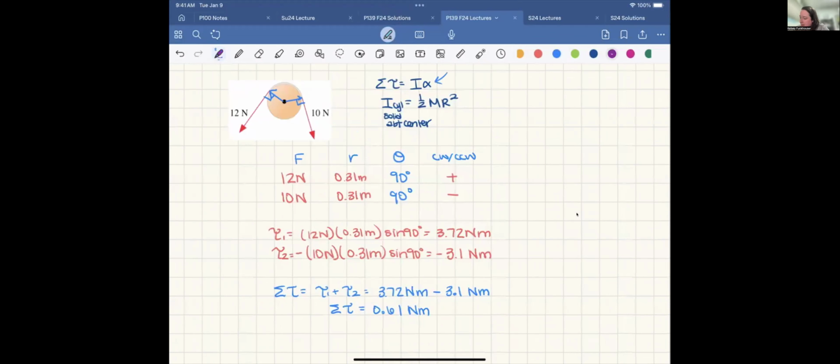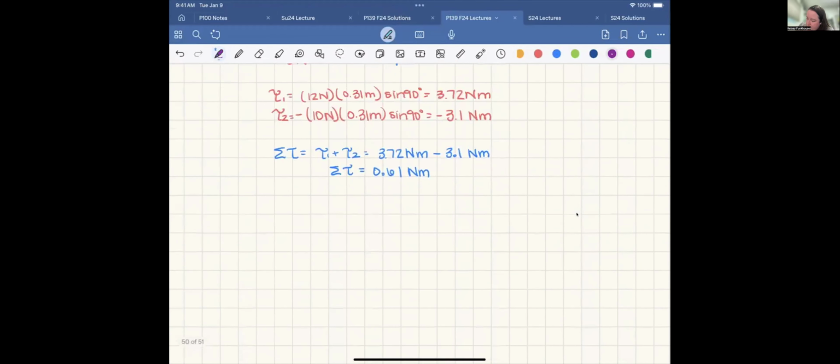So use that equation. The torque equals rotational inertia times the angular acceleration. And if we're solving for angular acceleration, that is the torque divided by the rotational inertia.